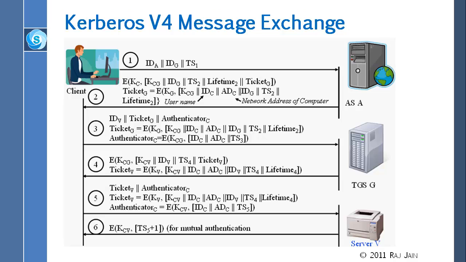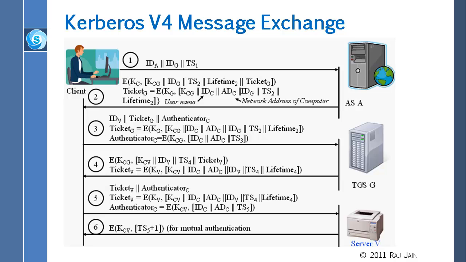It will use it as a ticket. It will show it to the TGS, and TGS can read it. So it is clear that there are two pieces of information. Actually, this ticket is somehow encrypted, so there is only one thing, but once the client opens this, it finds two pieces of information. One is the key, and the second is the ticket.